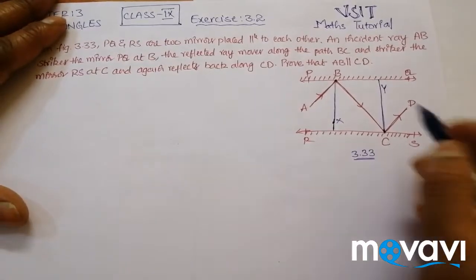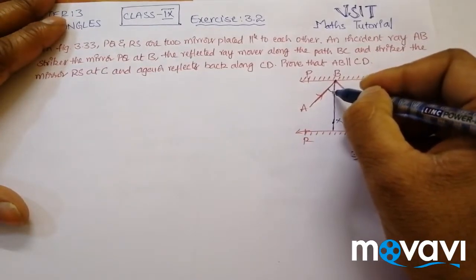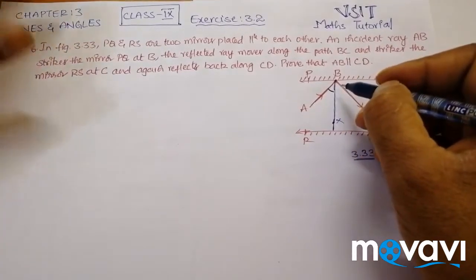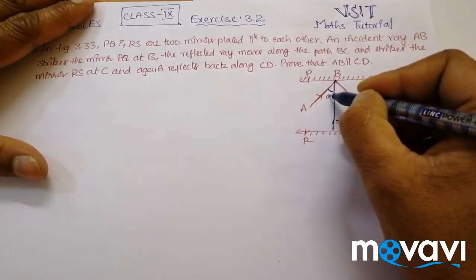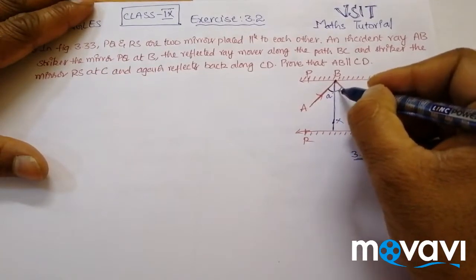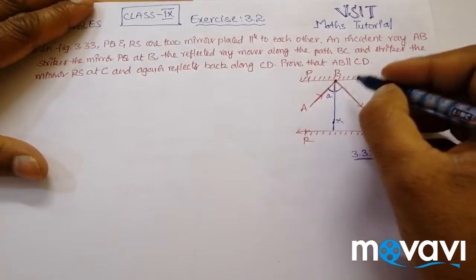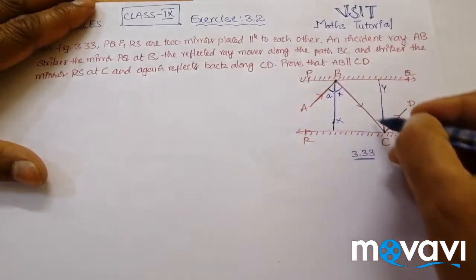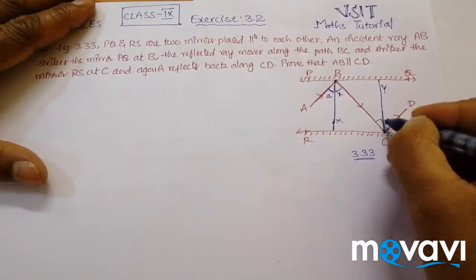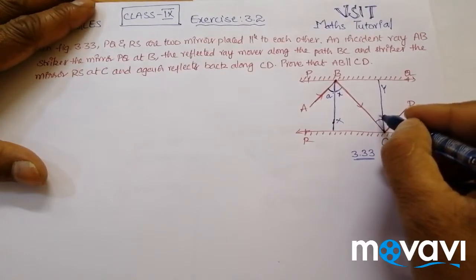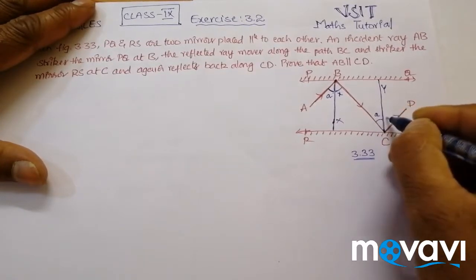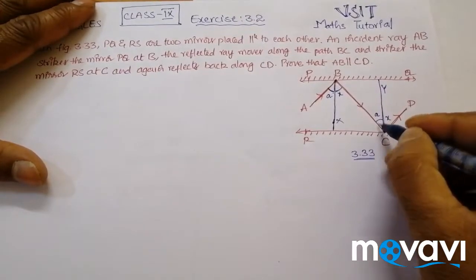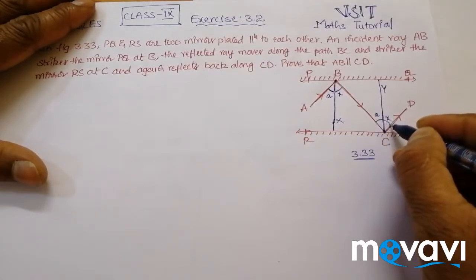Now see, this is the angle called angle of incidence. Let this be A, and this is the angle called angle of reflection. Let this be something like X. Here also angle of incidence and here angle of reflection.